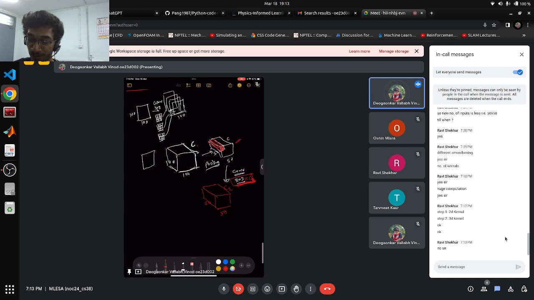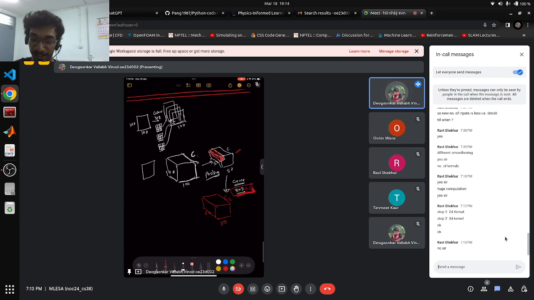So the first time around I had C1 number of these 3 cross 3 kernels, right? That C itself, I'm just calling it C1.